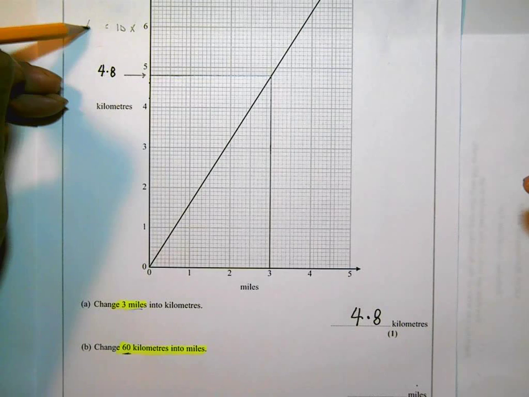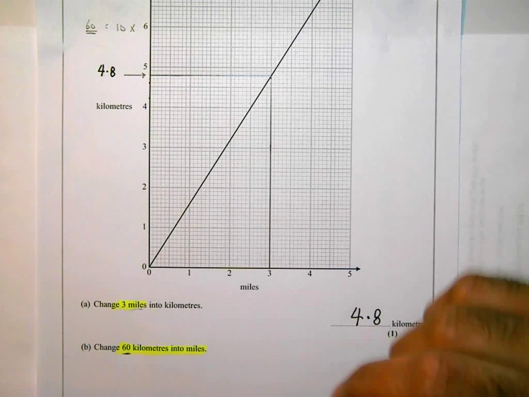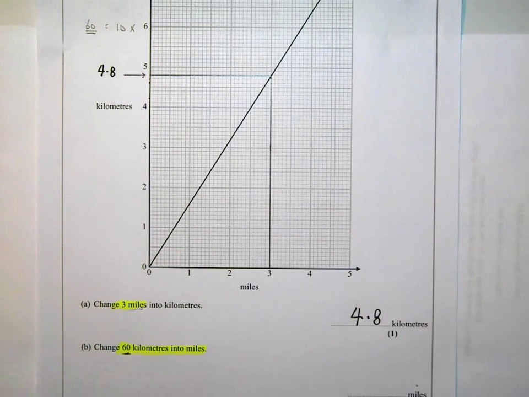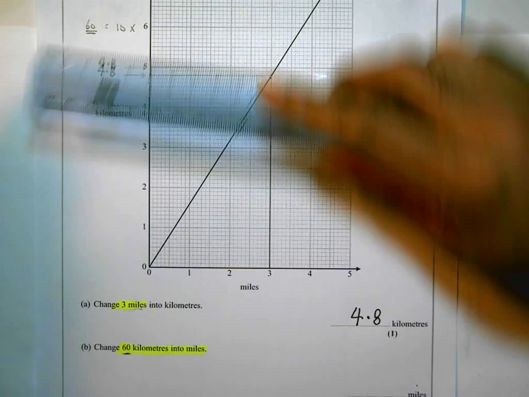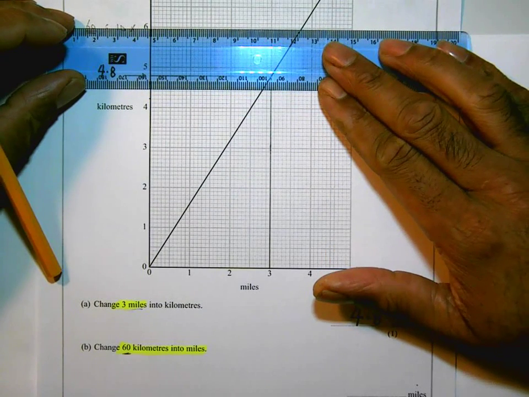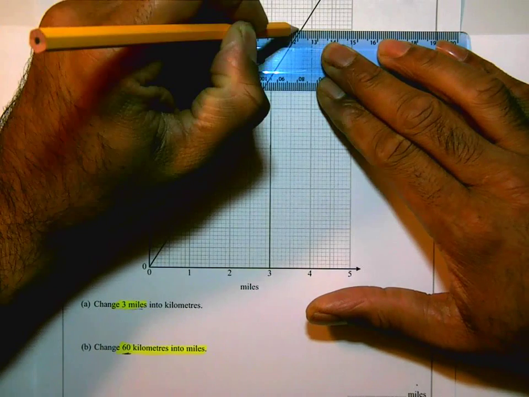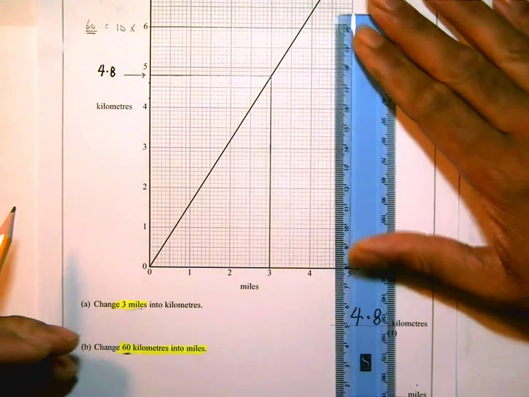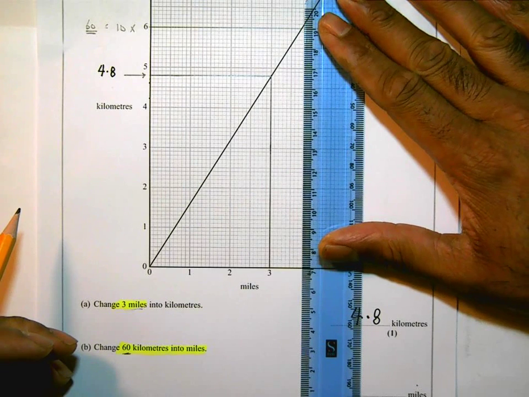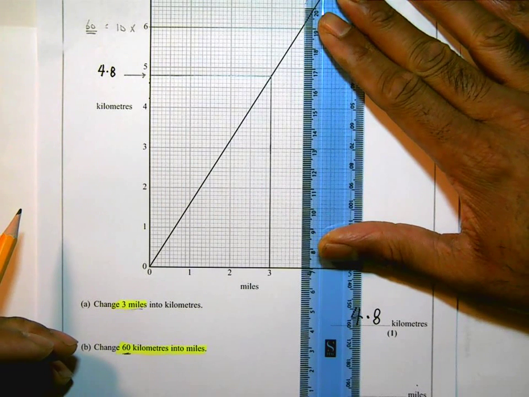So if I do pretty much what I did before, but this time change 6 kilometers into miles. Let's see what that is. 6 kilometers is sort of halfway between those, so I'm going to go just to there.